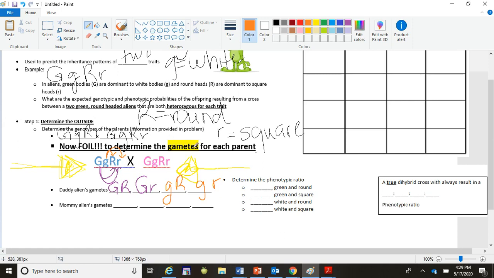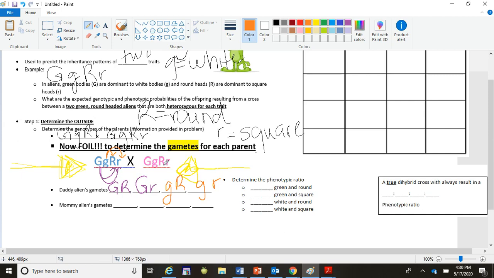Gametes is another term for the cells that the parents donate. Females donate egg cells, and these are the genetic combinations that could be present in those egg cells. The male donates sperm, with the different combinations he could donate based on his genetic makeup.